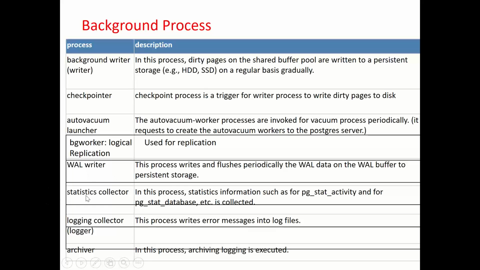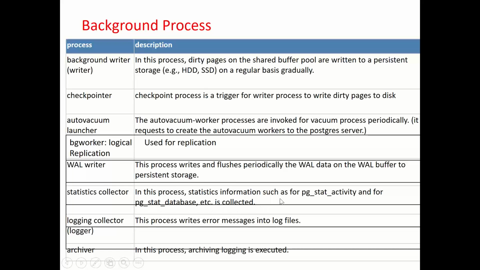Statistics collector is a process which is collecting the statistics of a particular table. You can store the statistics in pg_stat_activity or pg_stat_database. So these statistics get stored over here.